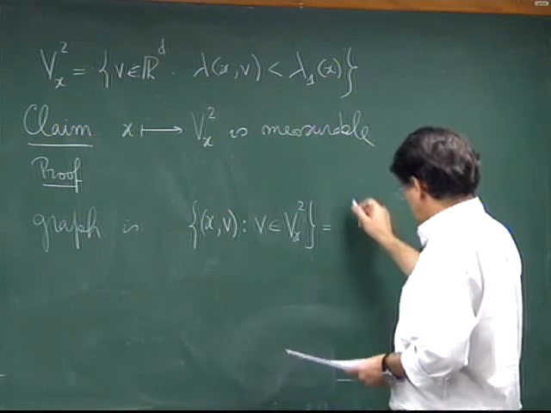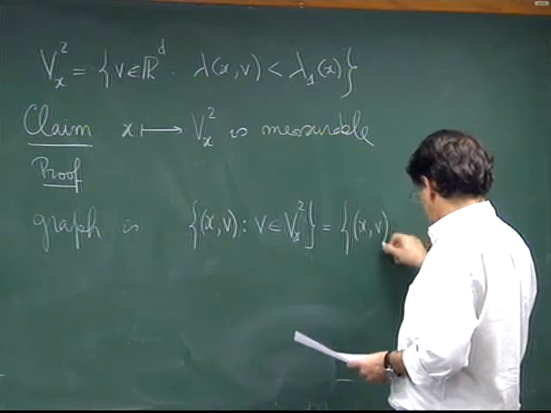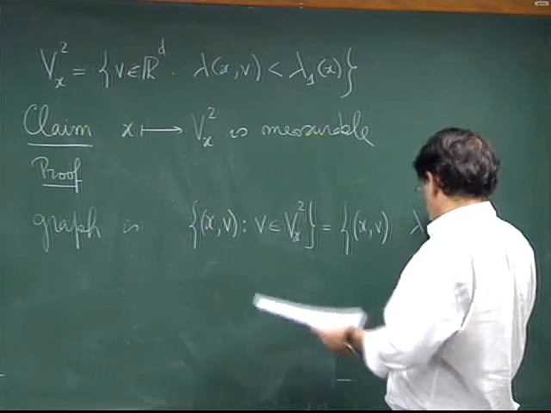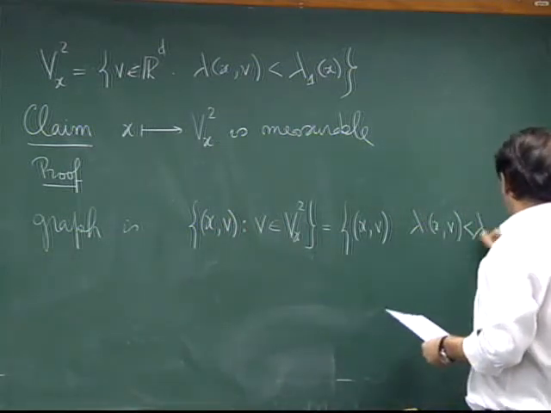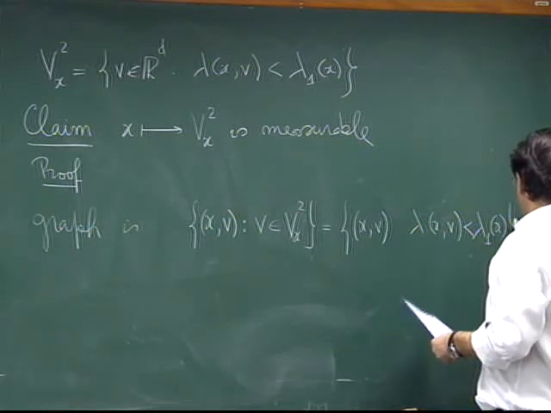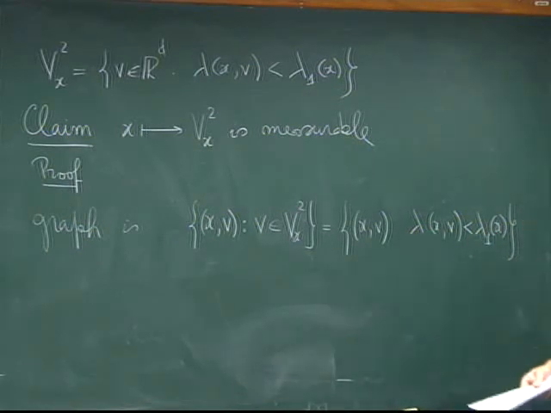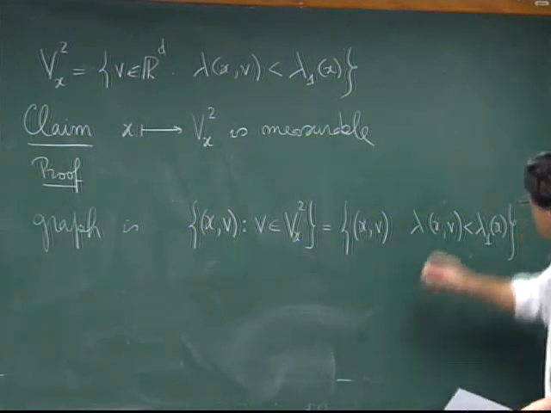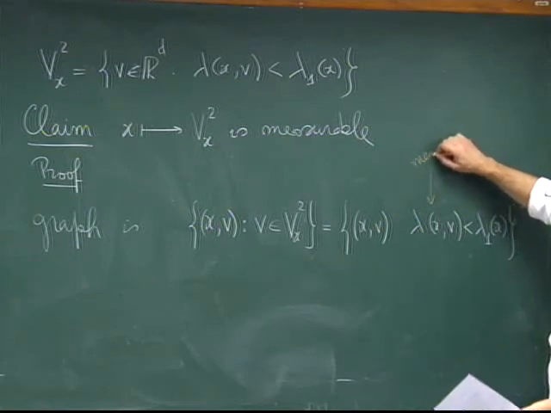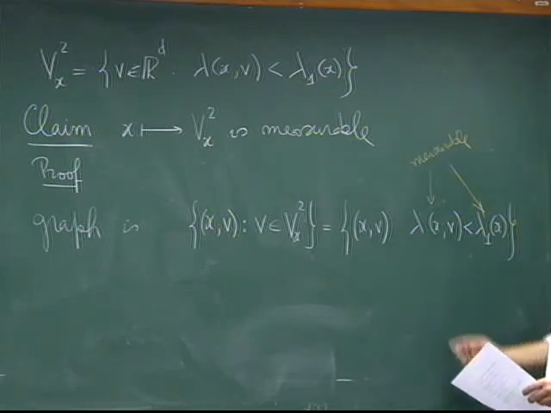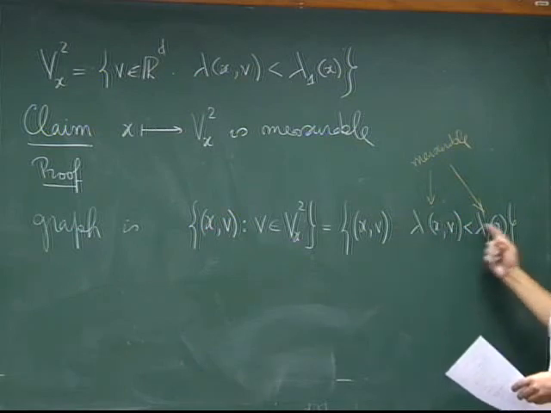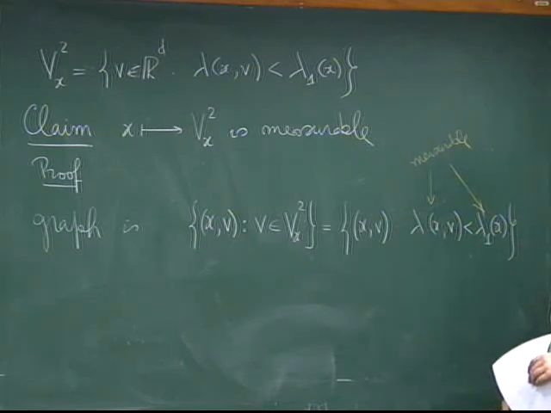In other words, it's the set of points (x, v) such that lambda(x, v) is smaller than lambda_1(x). This is a measurable function, and this one is also measurable, as I explained. So the set of pairs where this one is smaller than this is a measurable subset.